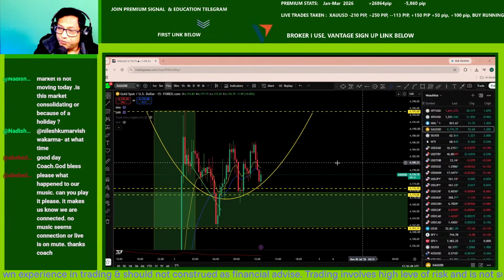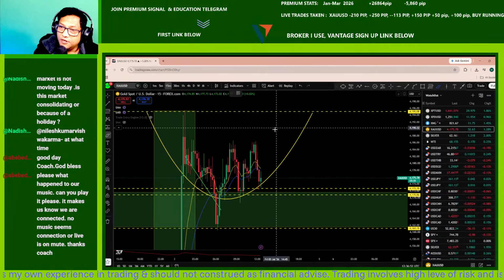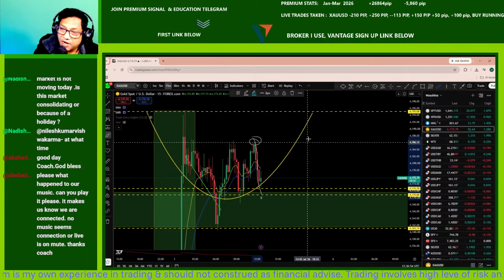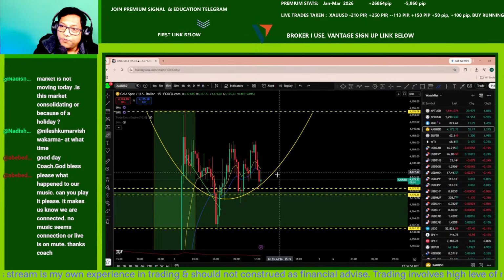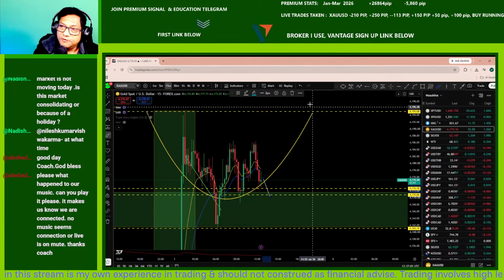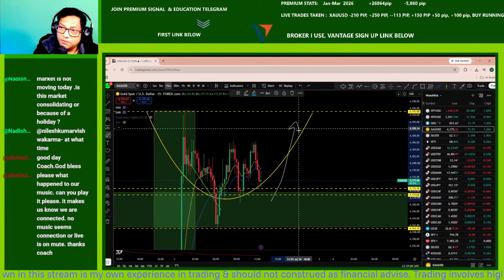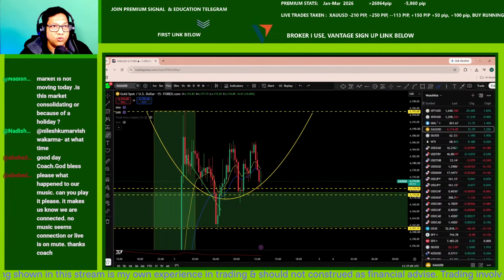So therefore, if you look at this level here, this is a break-up structure, and with this break-up structure, the market has created a new lower low, and we are looking for the market to retest and then to retest back again to the upside to create a new higher high.